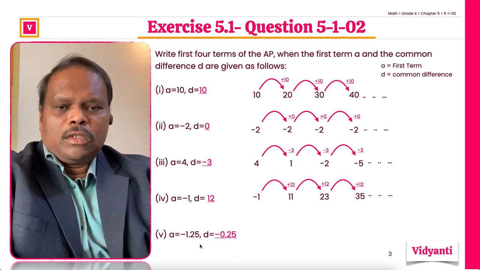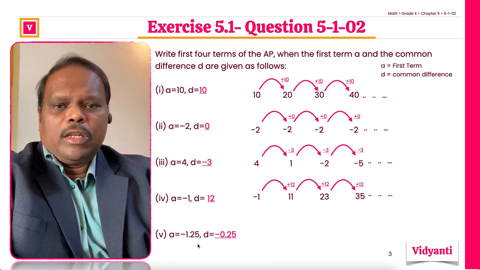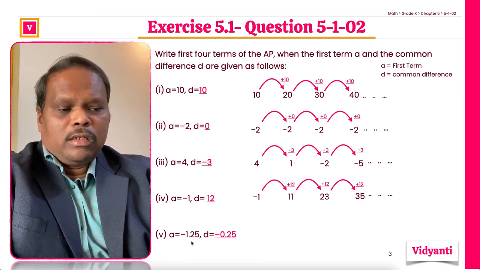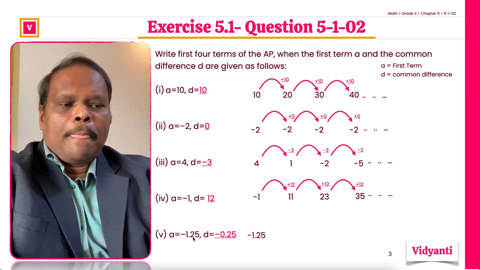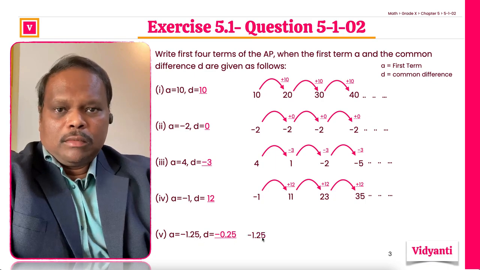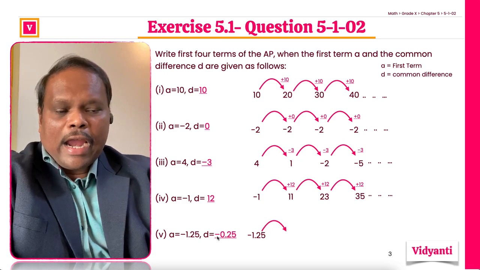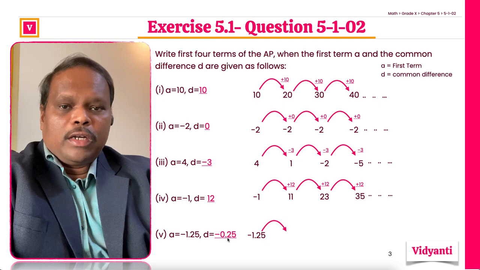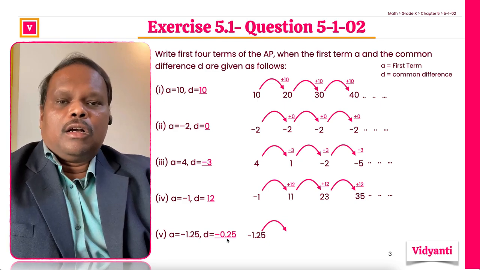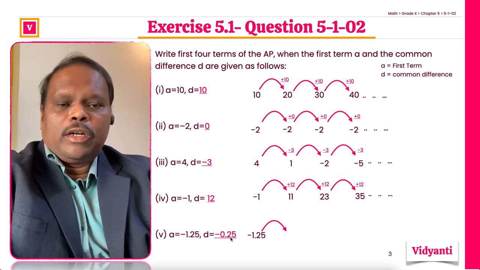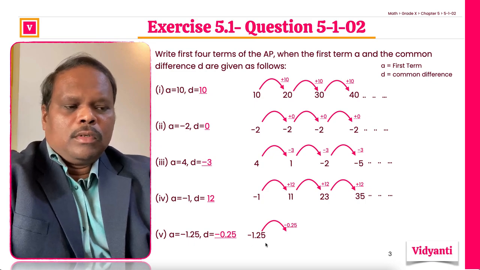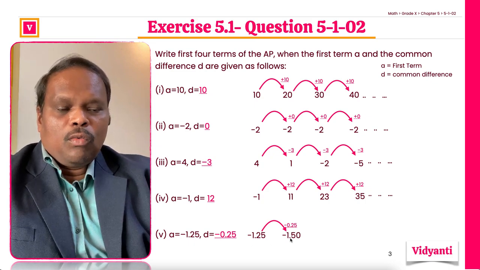What about the last one? Well, this is equally applicable even if you have decimal numbers. Let's say we always start with the first number, A, which is -1.25. Then you technically add -0.25, which is subtracting 0.25. So that would become -1.50.